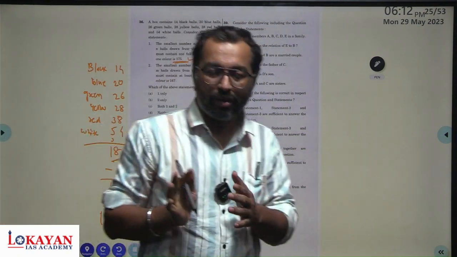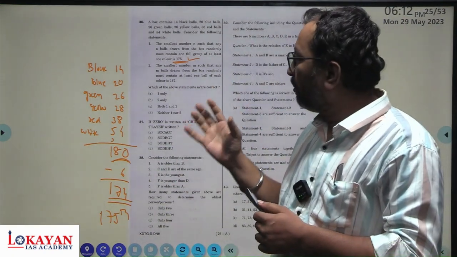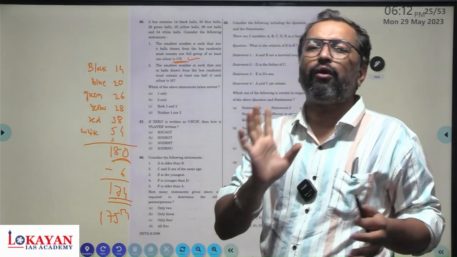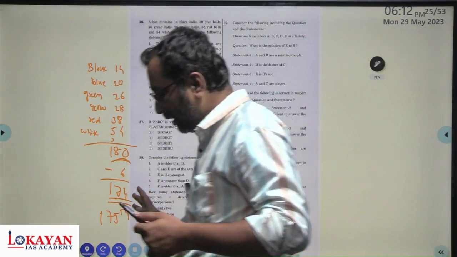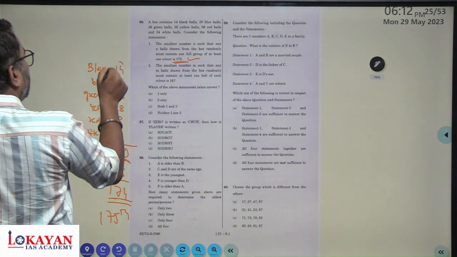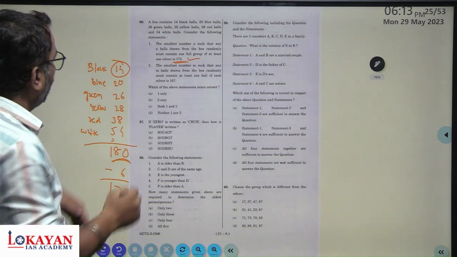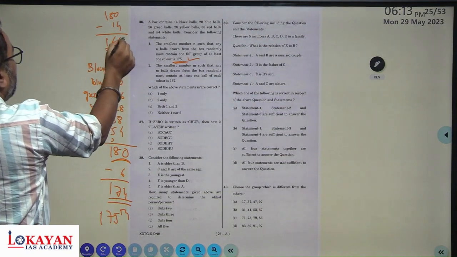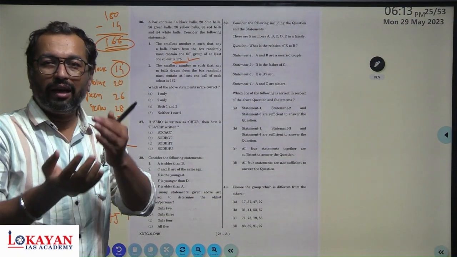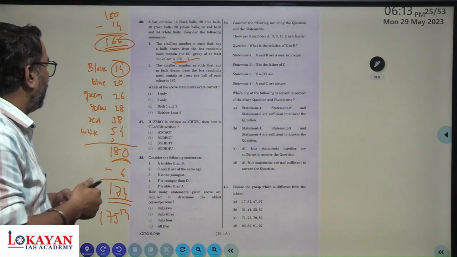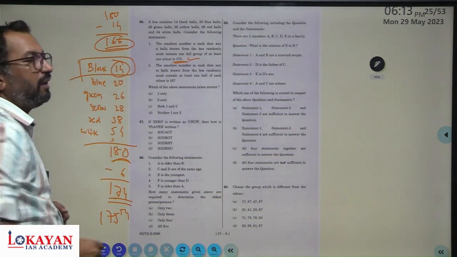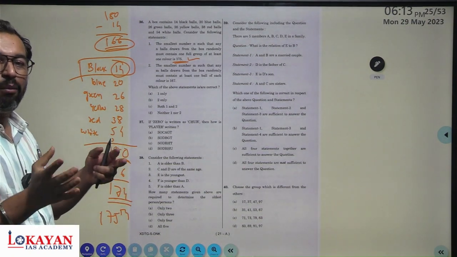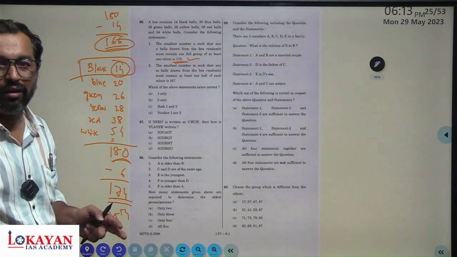Now this is a different condition. When I draw that number of balls, there must be at least one ball of each color. Here, look at the smallest group: 14 balls. If I subtract it from 180, this becomes 166. That means even after drawing 166 balls, there is a possibility that there is no black ball in that collection.